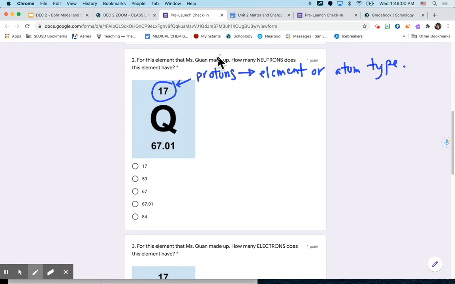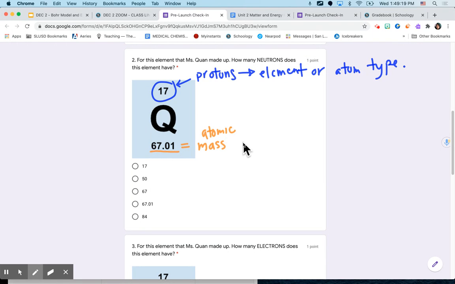Okay. So here it's asking, how do you solve how many neutrons this is? That has to do with this bottom number here, because this bottom number represents the mass of the atom, or the atomic mass.